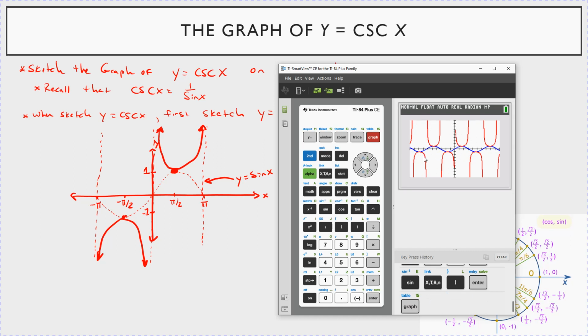Right where you touch the x-axis, you have vertical asymptotes. And where the graph turns from a valley or a peak, you have the graph of cosecant as a u touching it. So the key to graphing cosecant: you graph sine, and then you use this method that I just showed you to sketch the graph. And don't worry, we're going to get a lot more practice with the coming examples.